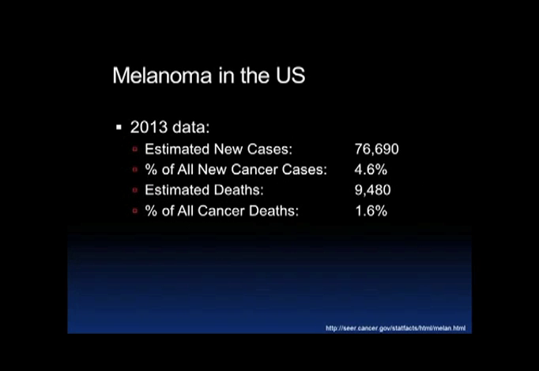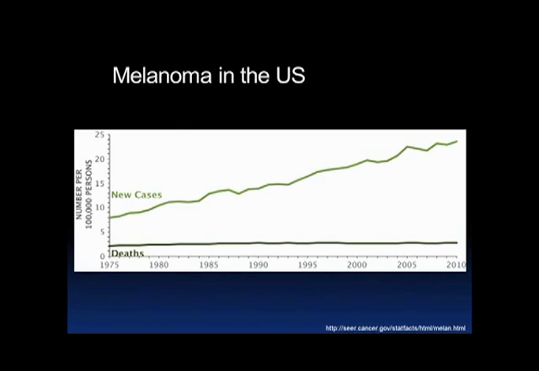Now, generally, melanoma in the US has a very high prevalence, about 80,000 new cases in 2013. That comprises about 5% of all new cancer cases. And the estimated deaths are close to 10,000 per year. That is about 1.6% of all cancer-related deaths.